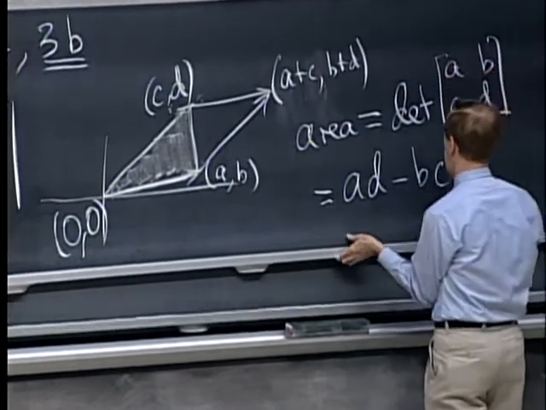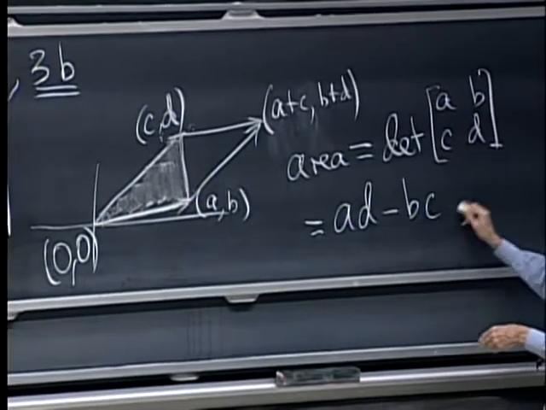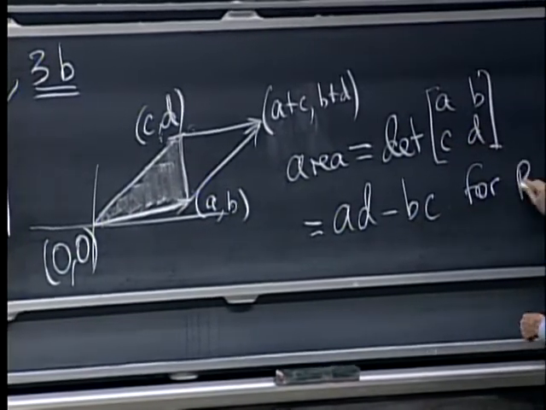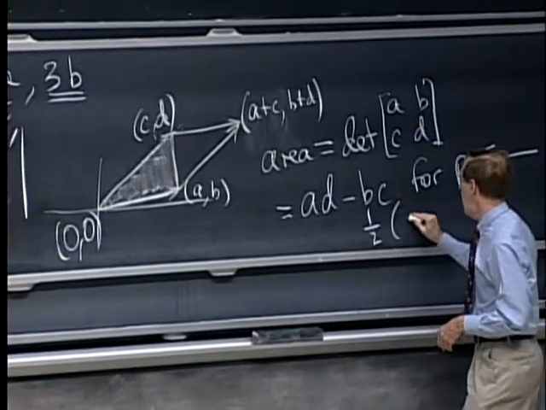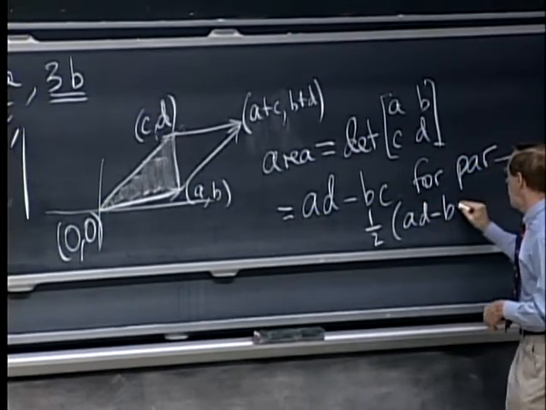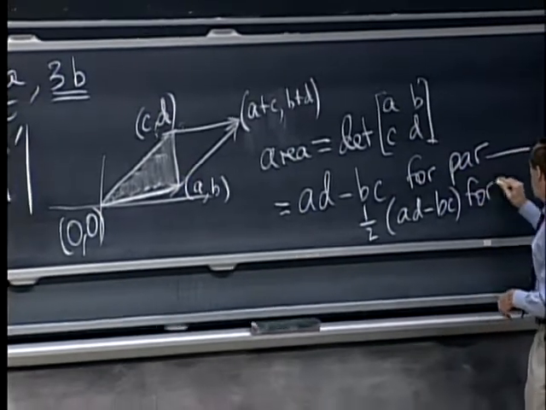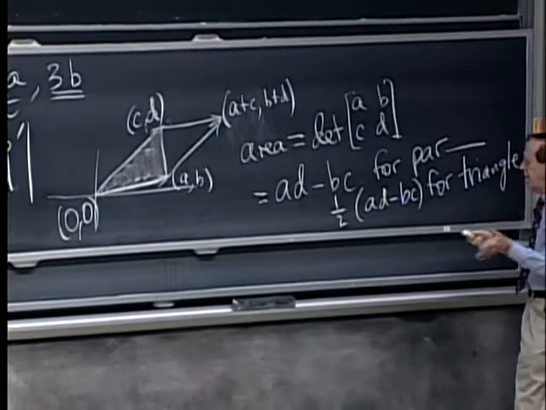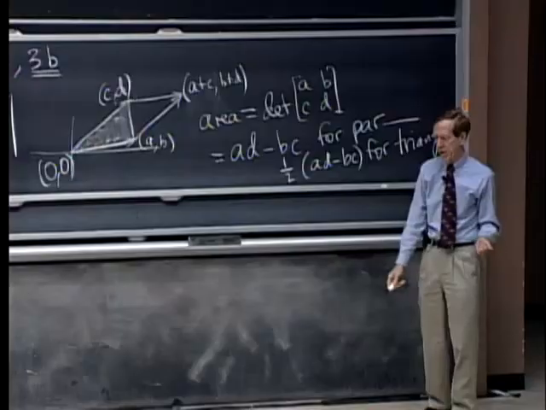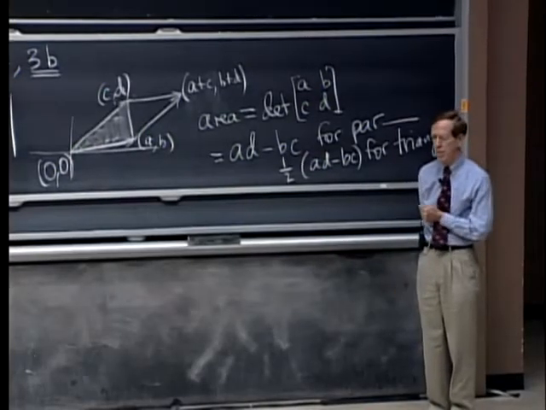So this is AD minus BC for the parallelogram, and 1/2 of AD minus BC for the triangle. I mean, this is a totally trivial remark to say, well, divide by 2.